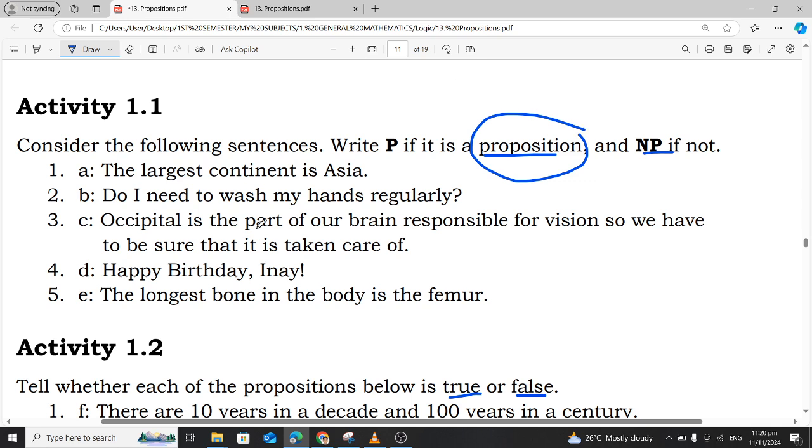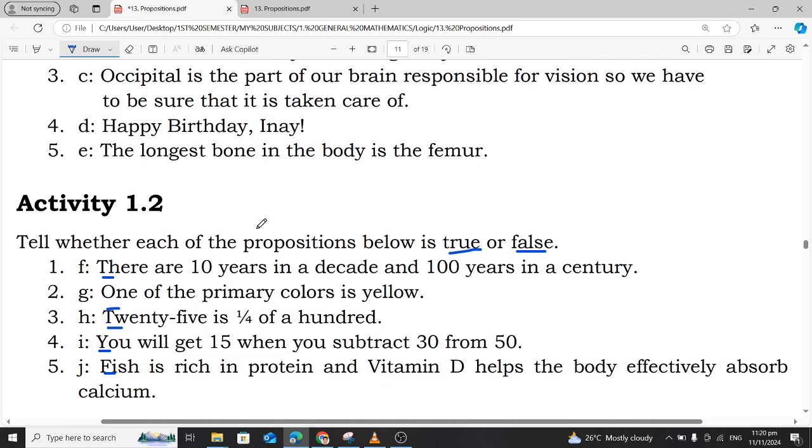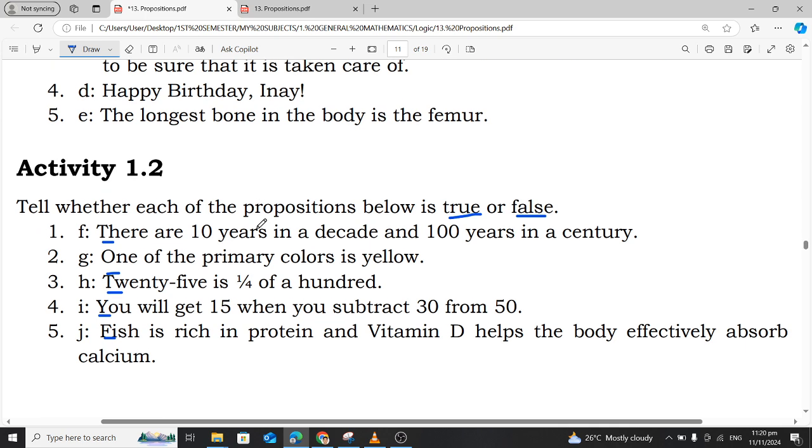Now, we have 1 to 5. Kindly answer that one in your notebook, class, please. For activity 1.2, tell whether each of the propositions below is true or false. These sentences 1 to 5 are all propositions, meaning they are declarative sentences that give information.